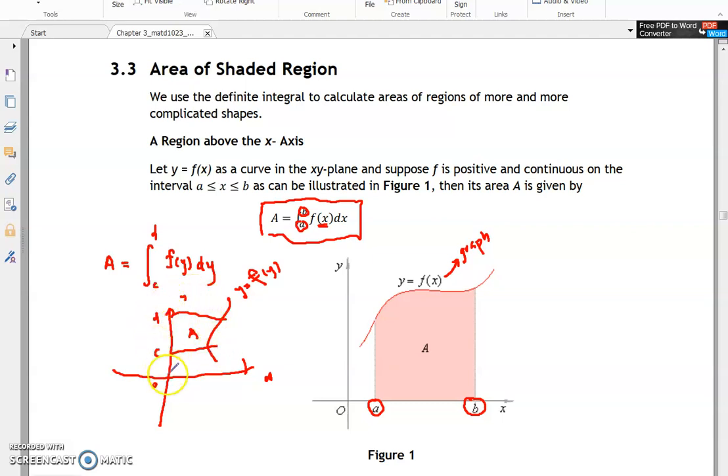So if we have this kind of graph, where your limits are now on the y-axis, you are going to use this formula.